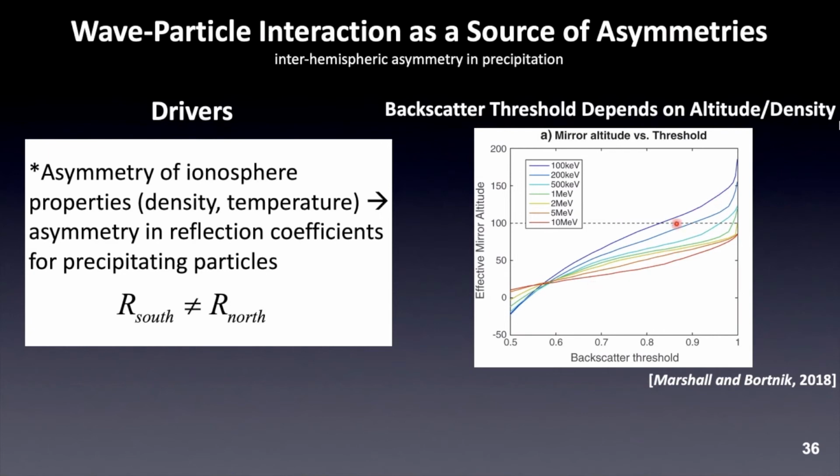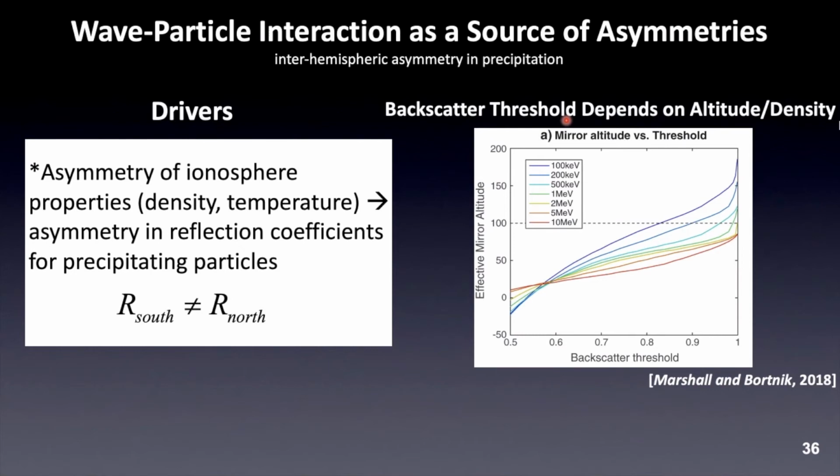Interestingly, this reflection coefficient, as shown on this x-axis, depends on the altitude where the particles get lost. And this altitude is actually a profile of different densities. So in other words, the density profile will determine the backscatter threshold or backscatter coefficients of the particles.